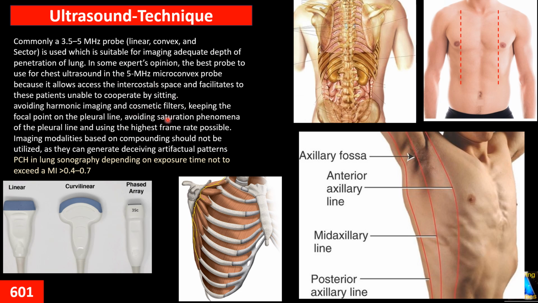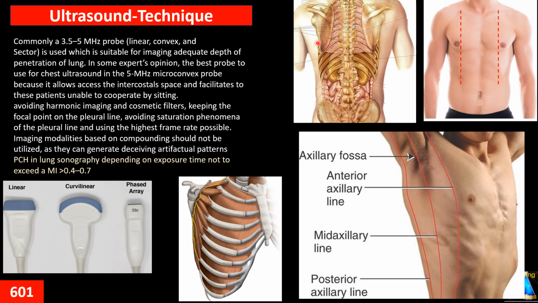The protocol for the lung is different in many academic centers. The general common protocol is 12 spots. In each side of the chest, 6 spots. We divide it into 3 areas: anterior, axillary, and posterior.